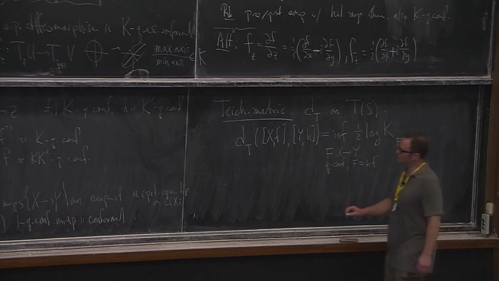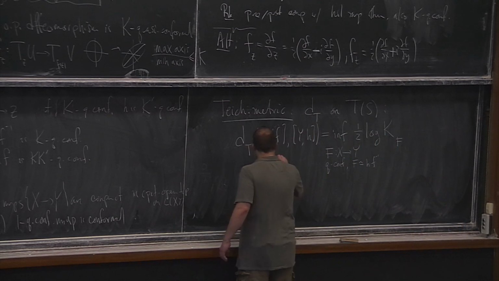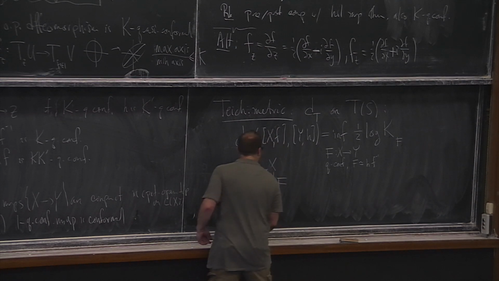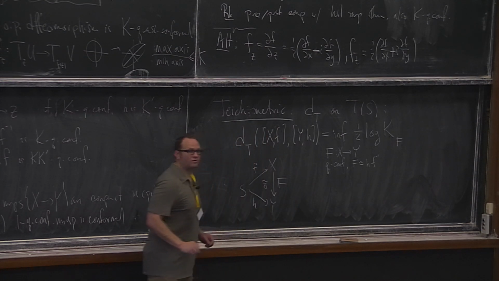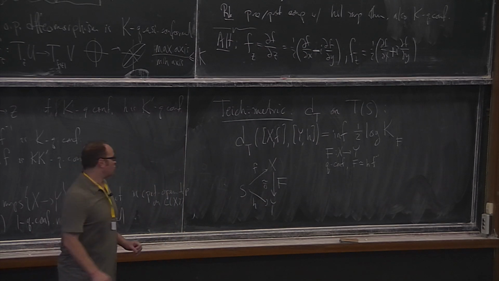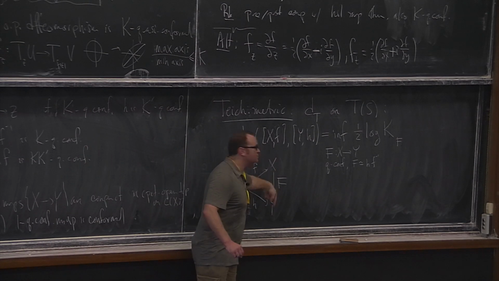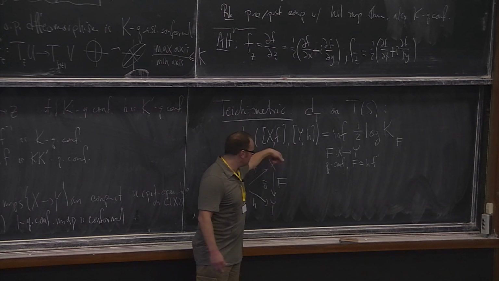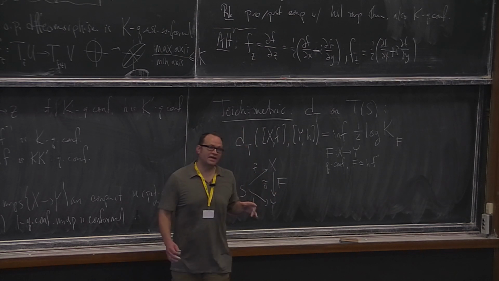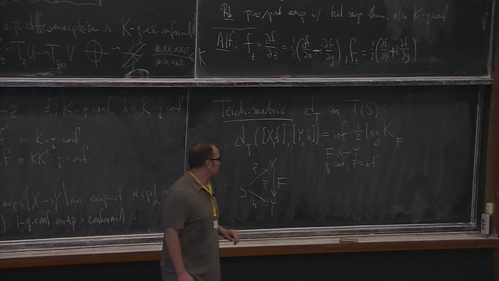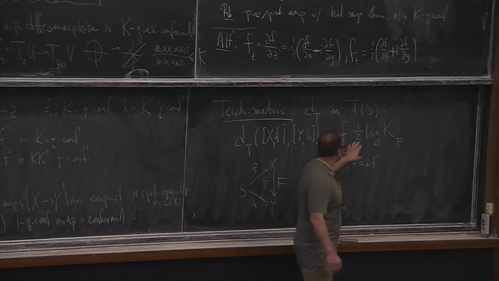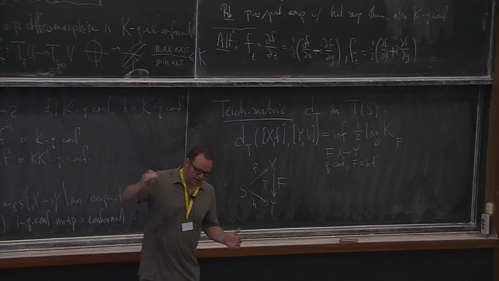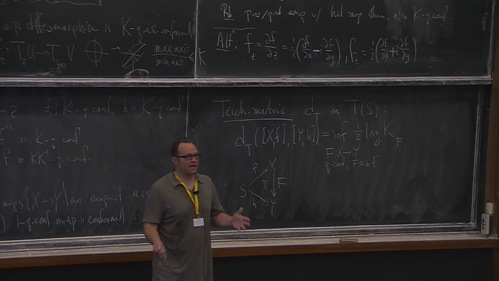So let's draw the diagram again. Here's S, here's X, here's Y, here's f, here's h. We want a quasi-conformal map that makes this diagram commute up to homotopy. So we have a preferred homotopy class of maps here, and we take the optimal quasi-conformal constant over all such maps. And then to get a metric, we take log. The 1/2 is because if you stretch by k and contract by 1/k, that's k squared quasi-conformal.